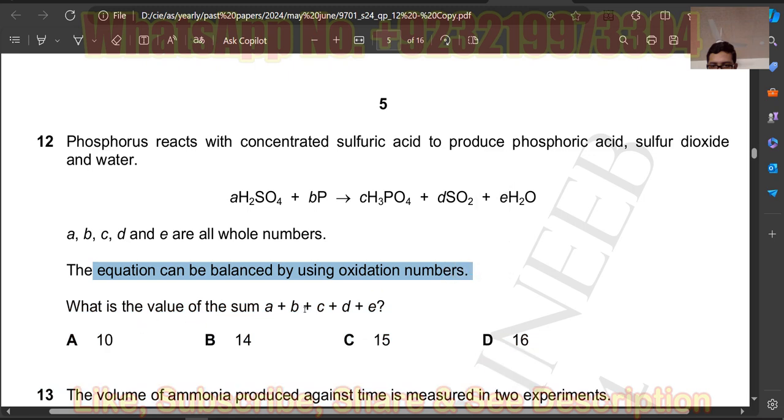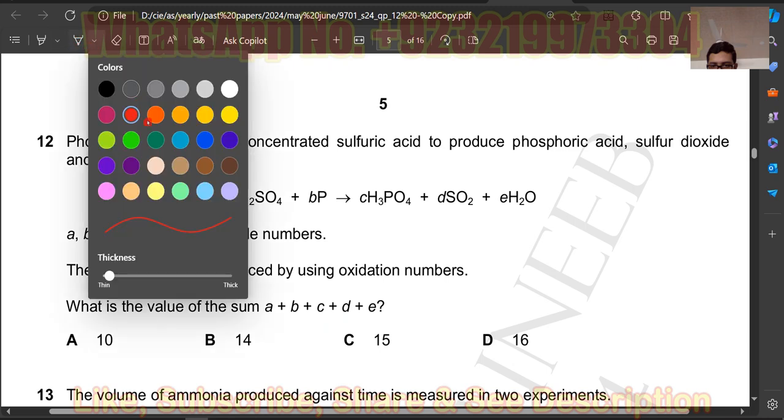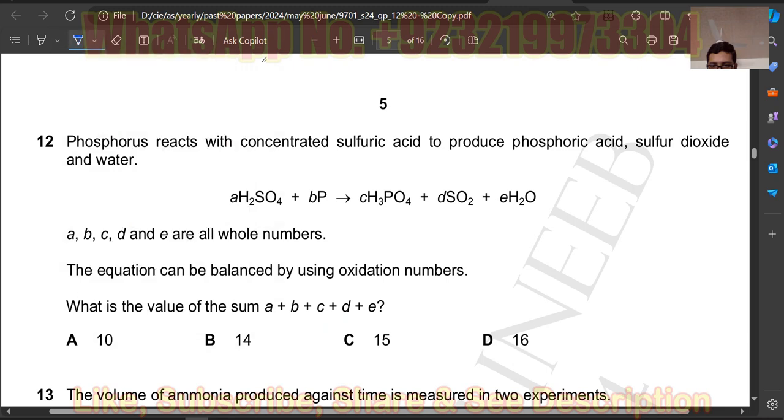What is the value of the sum of A, B, C, D and E? Okay, so here in this case we need to balance the whole equation. After that we will sum up all the coefficients which are present in the form of A, B, C, D and E. Okay, so how can we balance this whole chemical equation using the oxidation numbers?